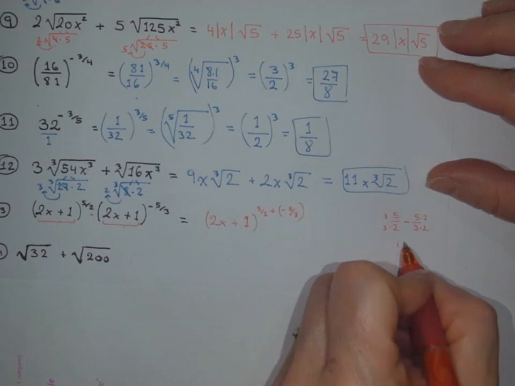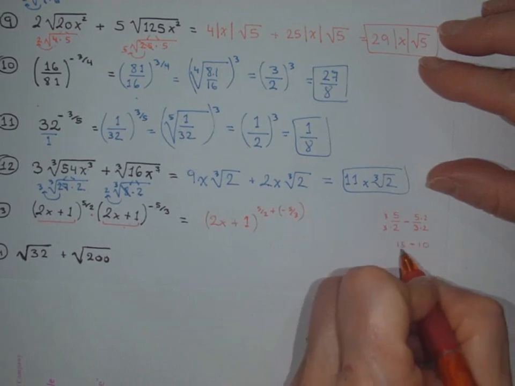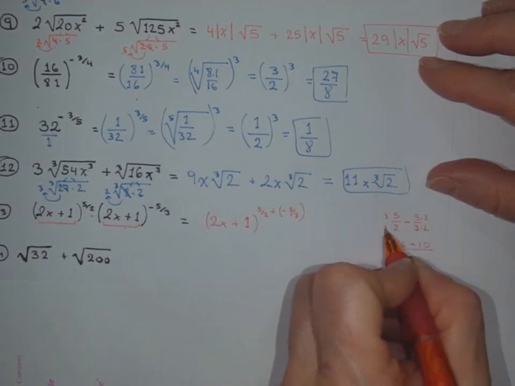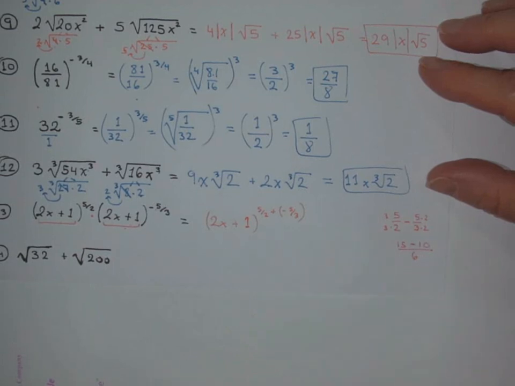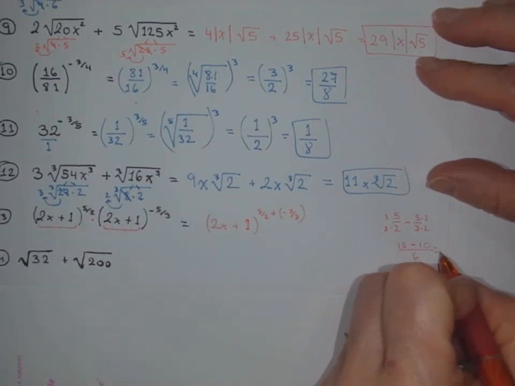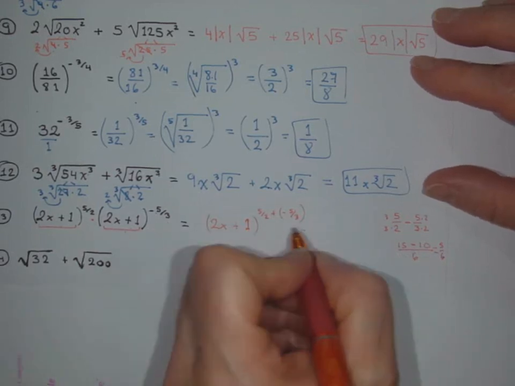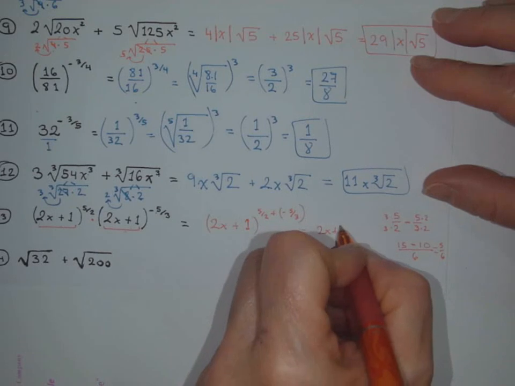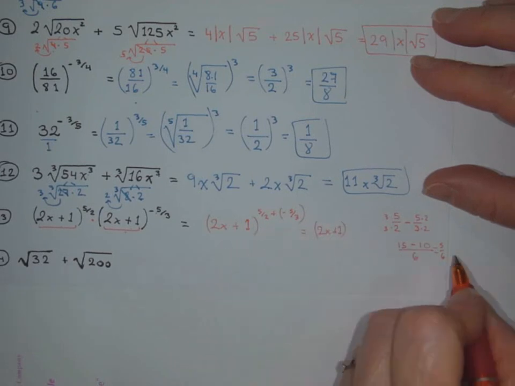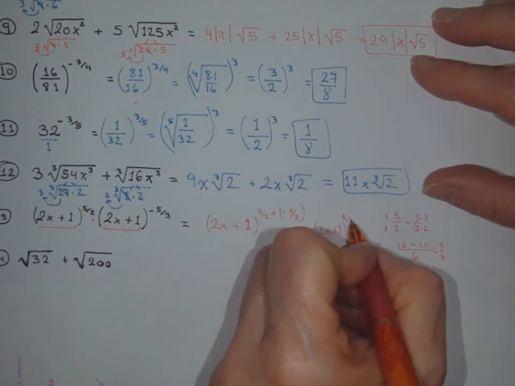So that becomes 15 minus 10 over my common denominator now of 6, right? So 15 minus 10 is going to be 5 over 6. So this is going to become 2x plus 1, keep the base, to the power of 5 over 6.